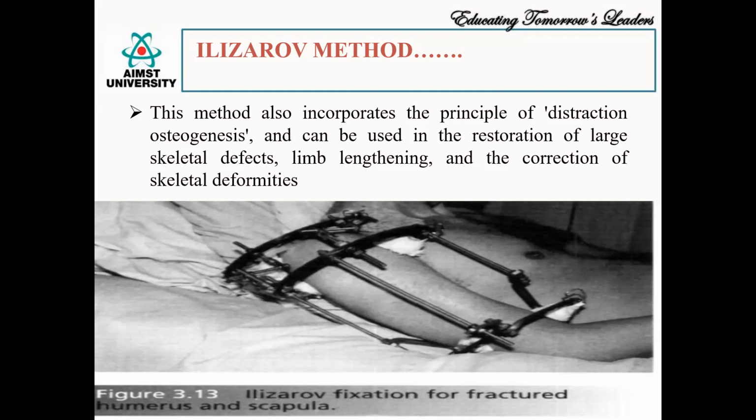It can correct skeletal defects or deformities also. If there are any deformities, they can be corrected. So it has multiple uses. The skeletal defects can be corrected, limb shortening can be corrected, and any valgus or varus deformities are also corrected in this method.